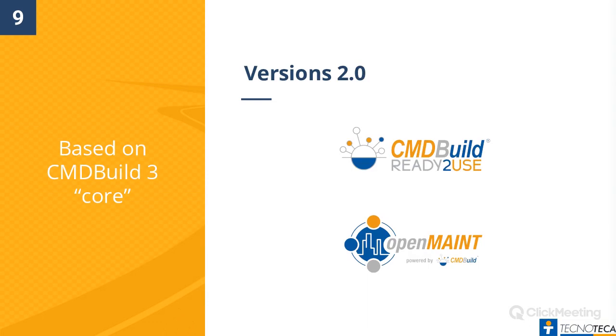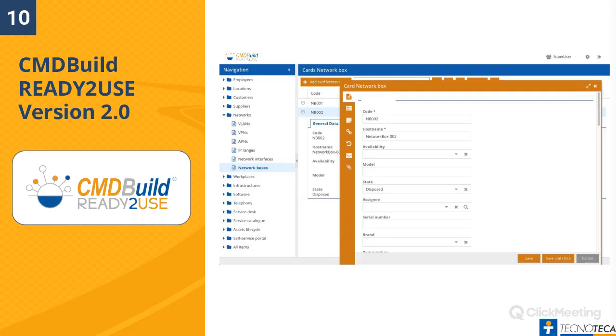So going on, let me just introduce to you with a few words CMDBuild ready to use and OpenMAINT based on the CMDBuild 3 core. Let me stress that these are of course the first releases of both OpenMAINT and CMDBuild ready to use based on the CMDBuild 3.0 core.